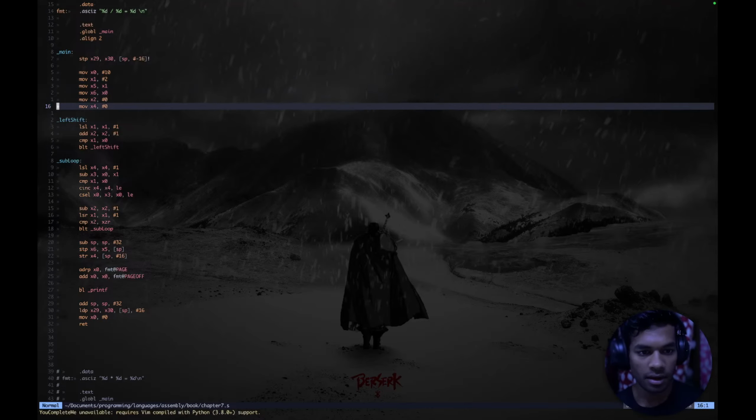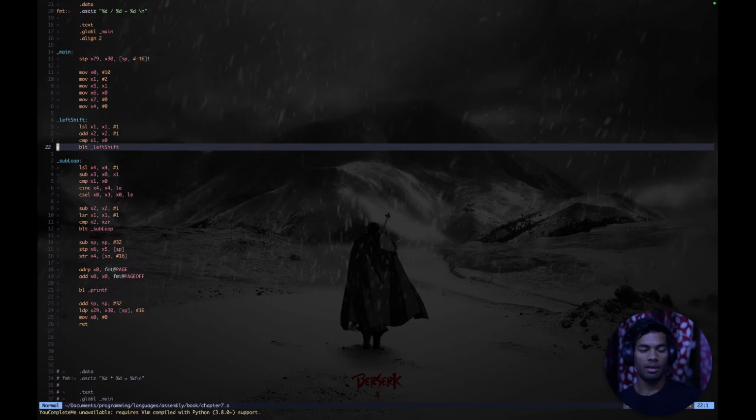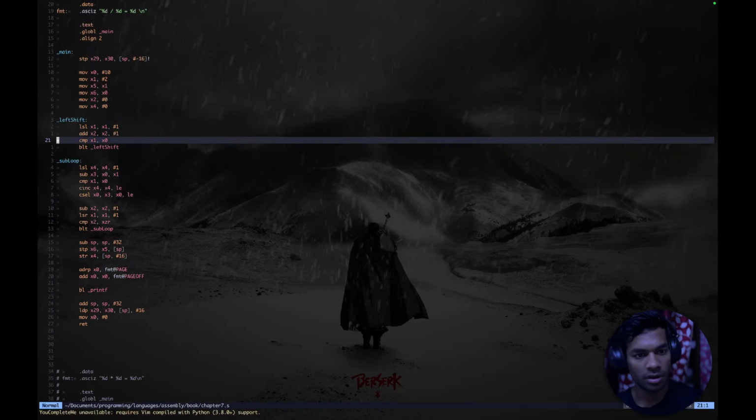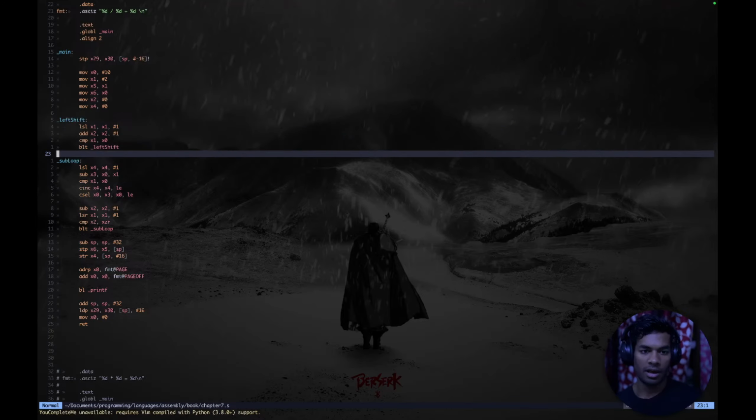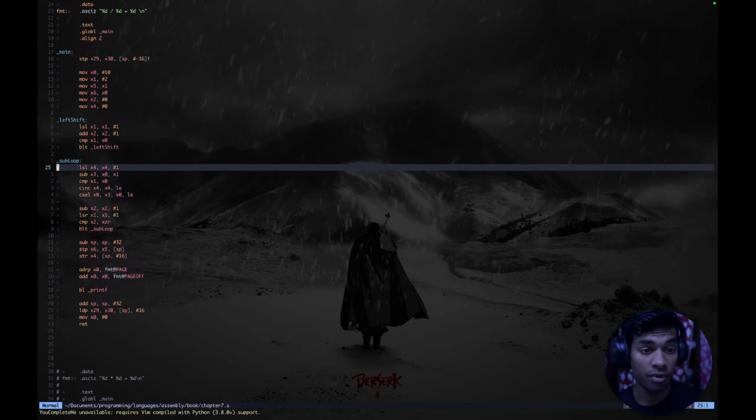So at the end of this loop, in the counter I have 3, as the divisor I have 16, and in the dividend register I have 10. Then I move here.